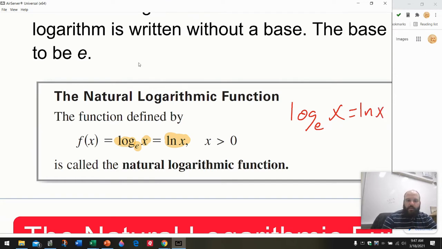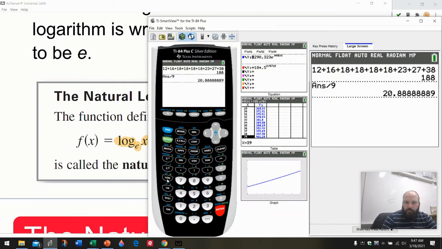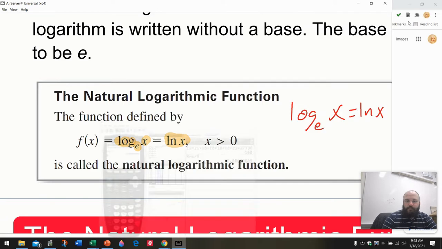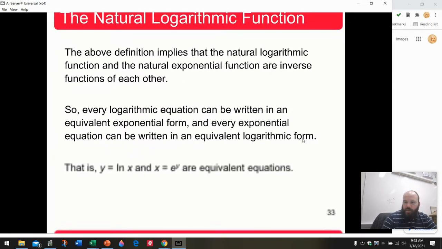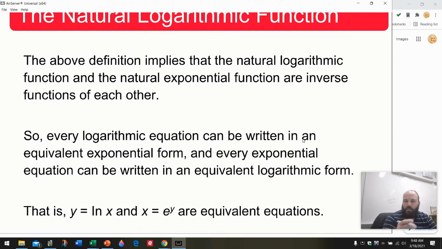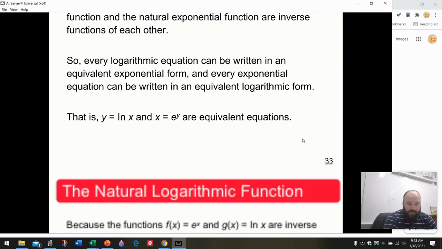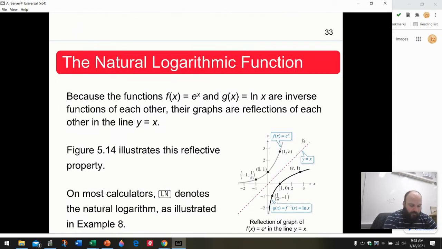And you do have a button on your calculator for natural log. You can see that the log button is on the left part way down. The natural log button is right below that, and it's the ln key. So pretty much all the same rules apply to natural log as we learned for logarithmic functions, because natural log is just a specific base of the log function.